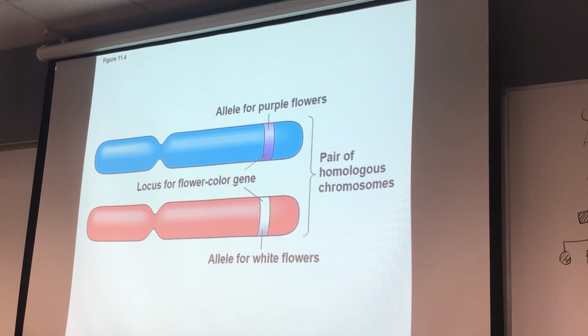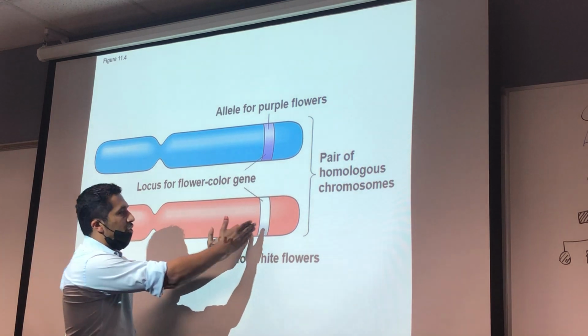That we have there, for example, here we have this pair of homologous chromosomes, right? In this chromosome you have the location that codes for flower color, right? That is the gene right here, flower color. But here on this chromosome, you have the allele that codes for purple flower, whereas in this other chromosome, you have the allele that codes for white flowers, okay? Notice that.